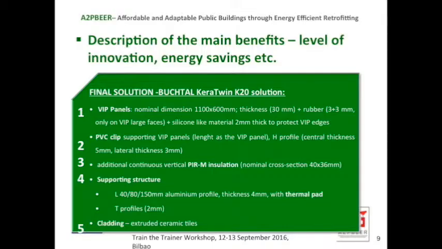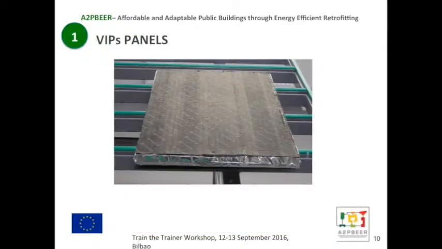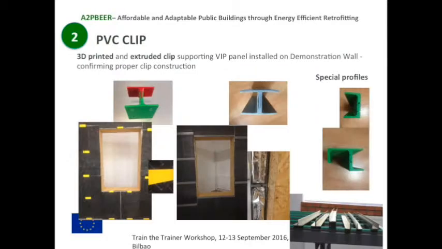So we have 5 components: the beam panels with these dimensions, thickness, and protection, the PVC clips, the additional insulation material, because in some parts of the facade it's more cost effective to use the PIR material than the vacuum insulation.